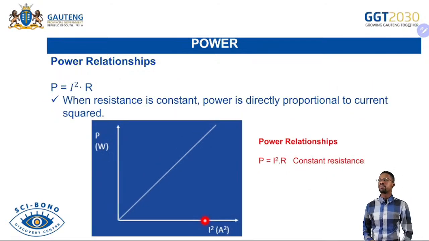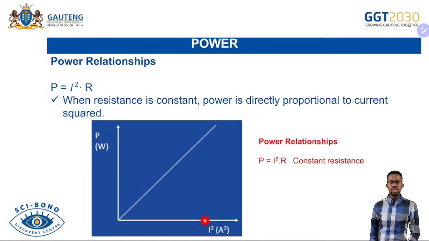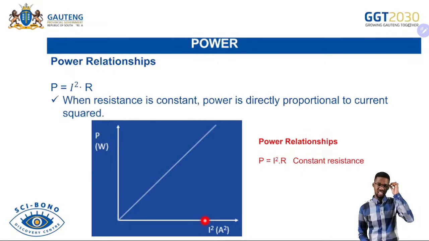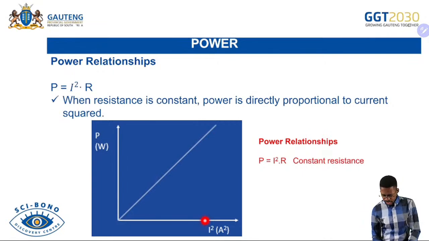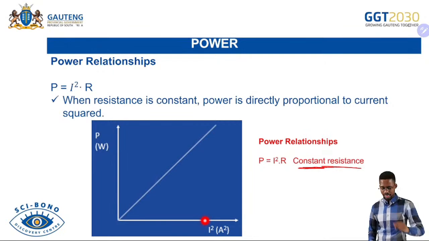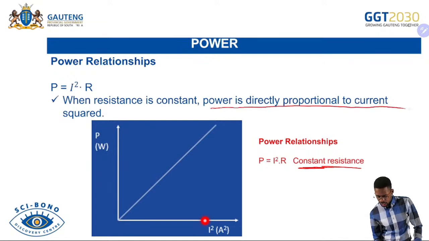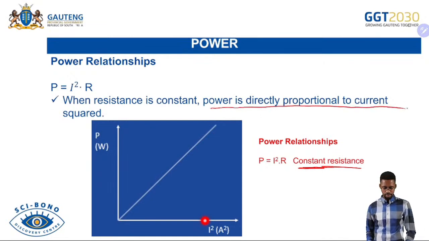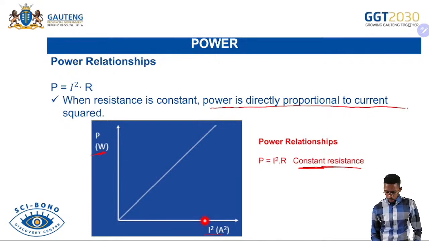Let's move on. Now let's look at the second formula. What does it tell us? Power is expressed by current squared multiplied by resistance. If you keep resistance constant, then power is directly proportional to the current squared.